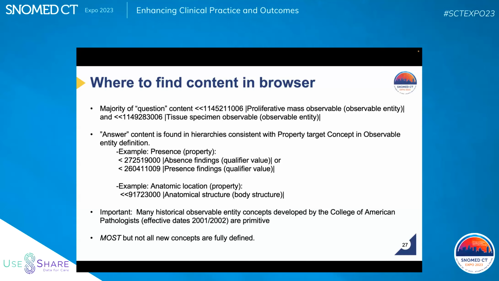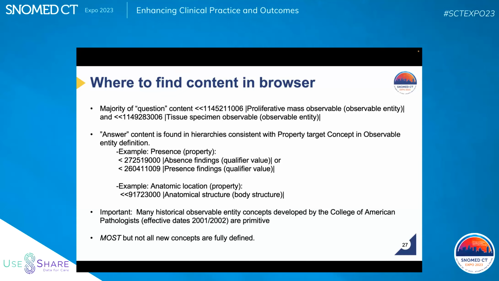If you go through this, right now we have not done the cleanup. So there is lots of legacy content from the beginning of SNOMED time, effective dates 2001, 2002. When you're looking through those observable entity hierarchies, if it's fully defined, that's when you'll see the three bars in your concept.